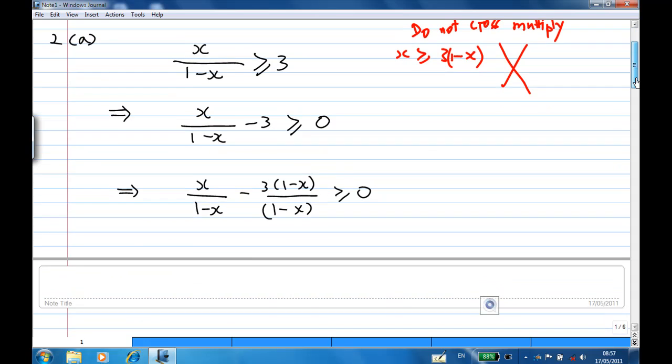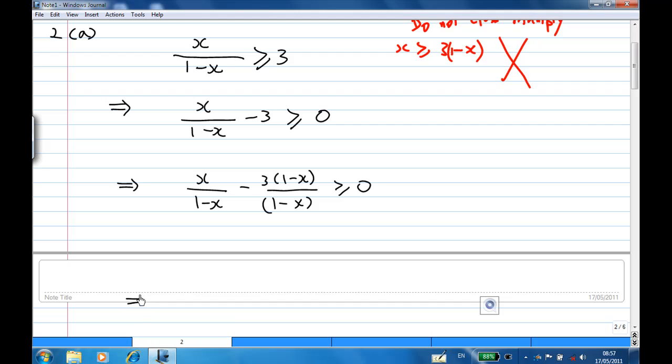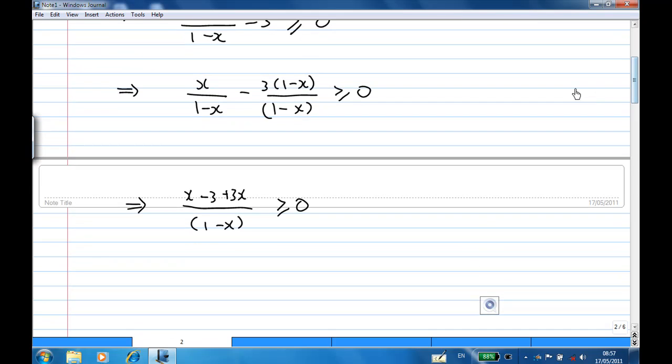Since now we have a common denominator, you can combine them. This is x minus 3 plus 3x greater than or equal to 0, and you get 4x minus 3 over 1 minus x greater than or equal to 0.